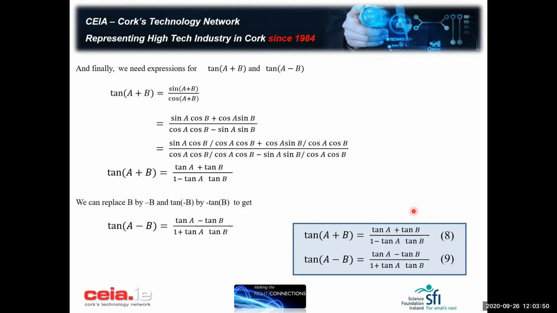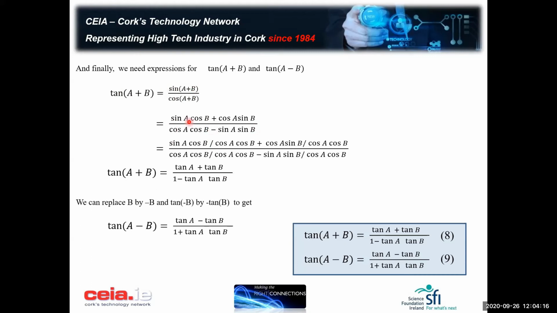You can do the same with tan A plus B, tan A minus B. Tan is defined as sine over cosine of an angle. So sine of A plus B over cosine of A plus B. We have the formulas for that just worked out, so you write those down.